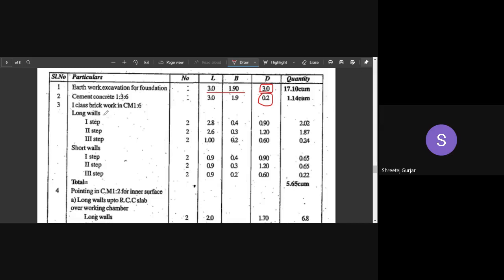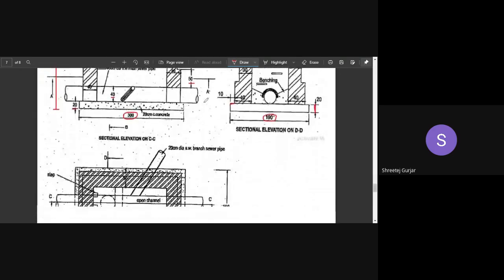Then, long wall and short wall, the main thing over here. So 3 steps: first step, second step, third step, starting from your bottom. All of these are 2 in number, right? 2 number of long walls, 2 number of short walls. Then moving on to length. Length calculation, as I've shown in previous numericals, same thing.